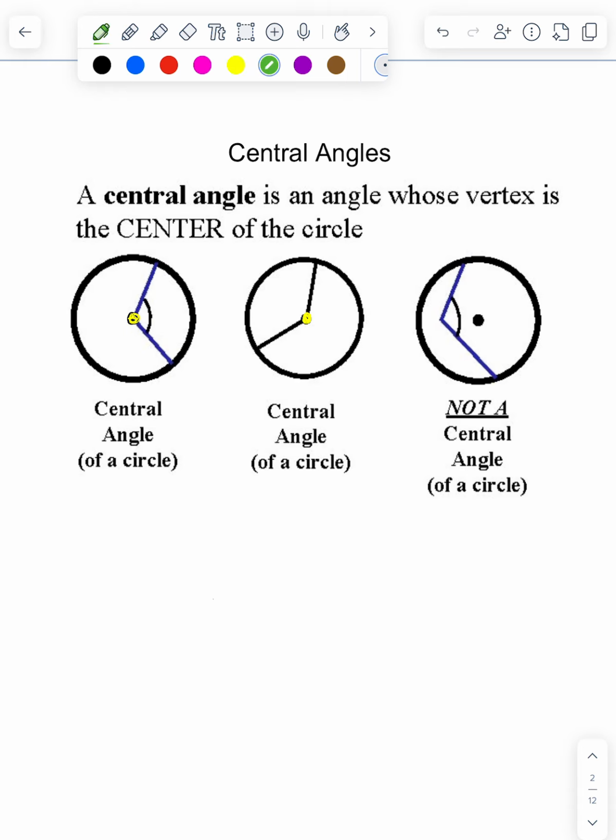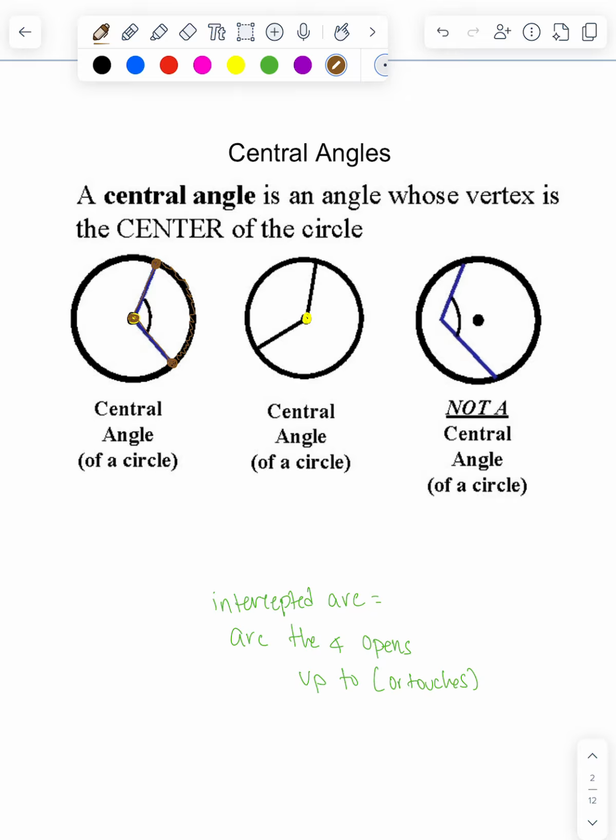When I say intercepted arc, I mean the arc the angle opens up to, or touches. So for example, if I take a look at the first image on the left, for this central angle, if I follow the rays of the angle and see where they land, then that tells me what the intercepted arc would be.